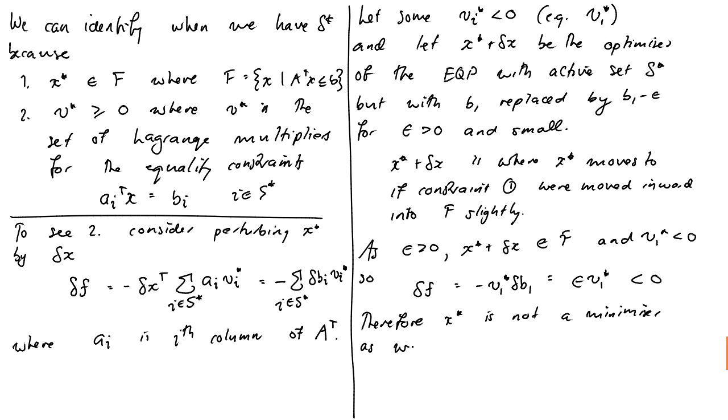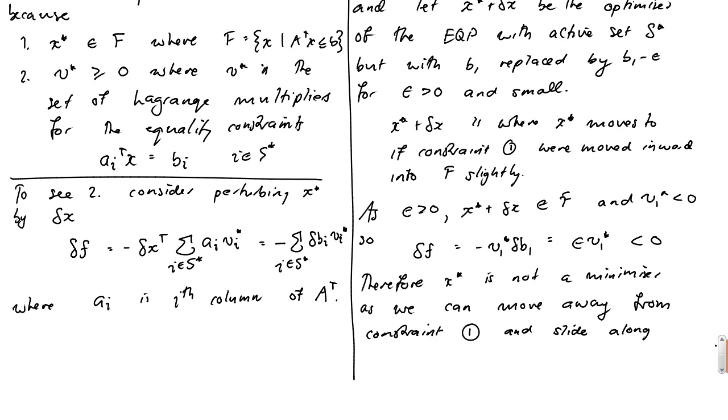as we can move away from constraint 1 and slide along the other constraints, reducing f in the process.